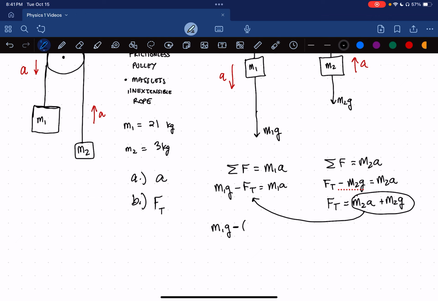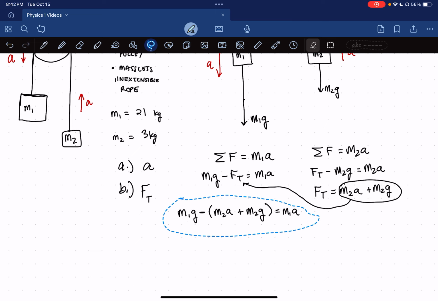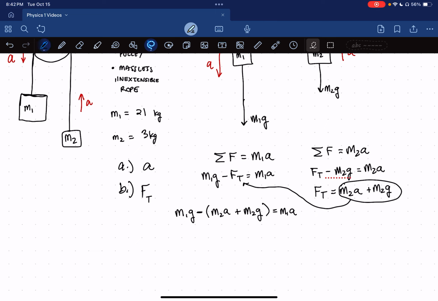Now, when we substitute this, use parentheses, and this is a big mistake. Or I should say, this is a common mistake that I see students make. Let's do it this way. Like this equals m1a. Sorry, my equations are kind of taking up the space here. Let's do it like that.